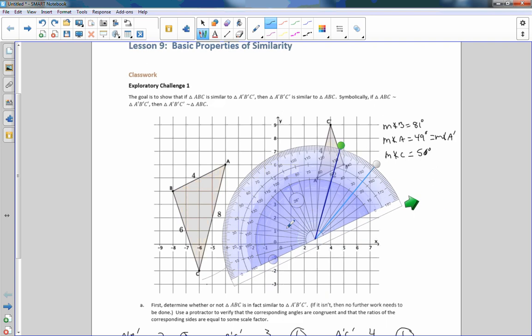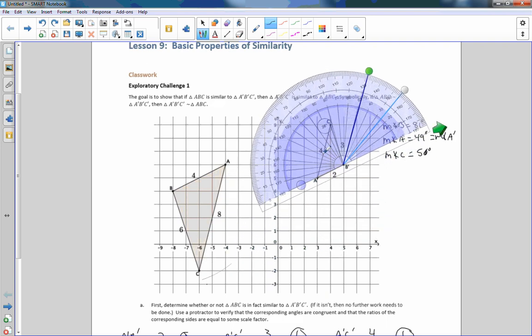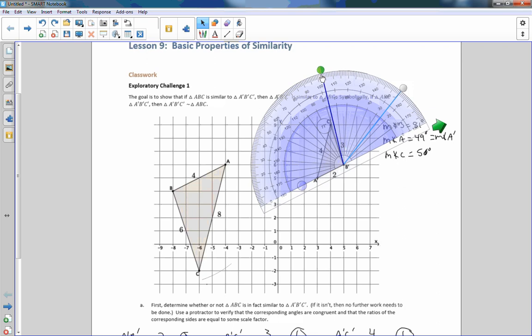And then I'm going to do the same with B. So if I put my protractor on B prime, like so, and rotate this so it's right on AB, and move this over to C, then that is 81 degrees.